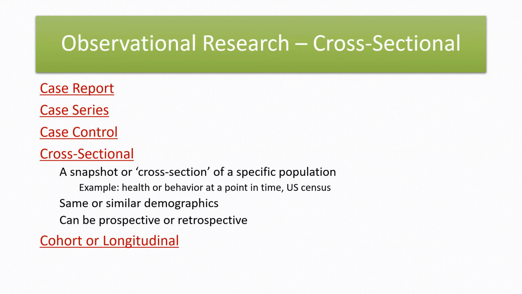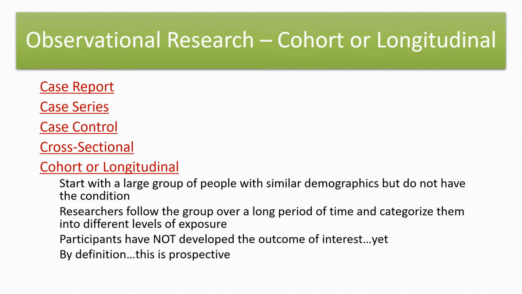Now the last one, a cohort or longitudinal study, is that we start with a large group of people with similar demographics, but they don't have any kinds of condition. The researchers are really looking to follow a group over a long period of time to figure out if they develop certain types of conditions and perhaps why.